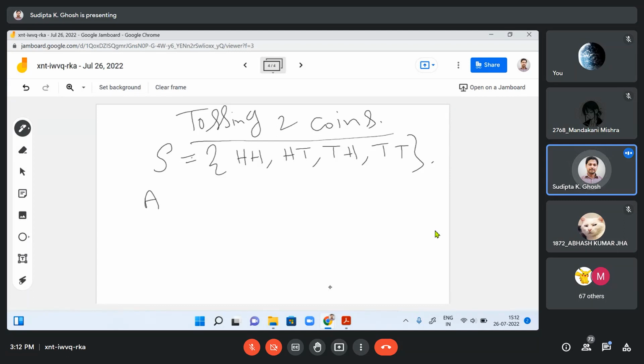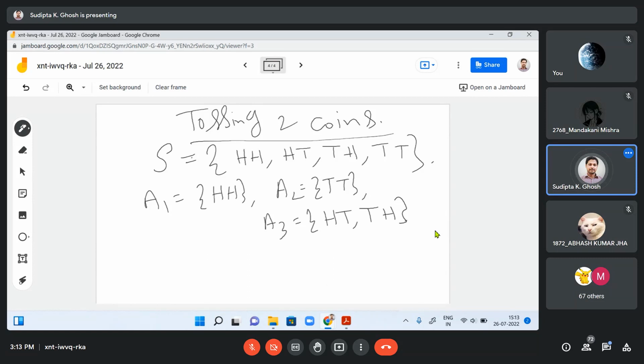Suppose I am denoting A1 is equal to head, A2 is equal to tail, and A3 is equal to head, tail, head.